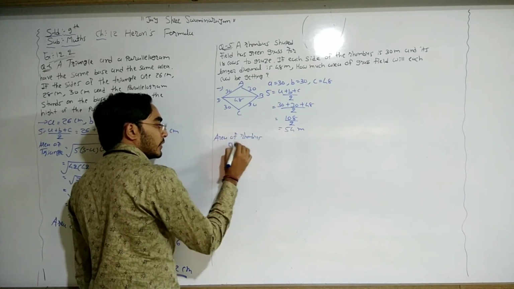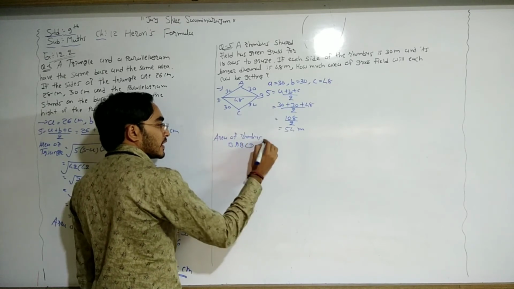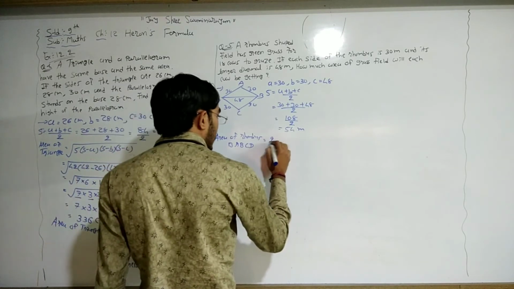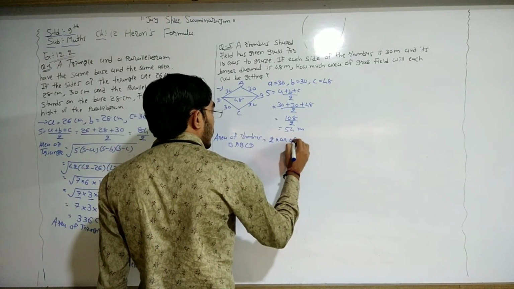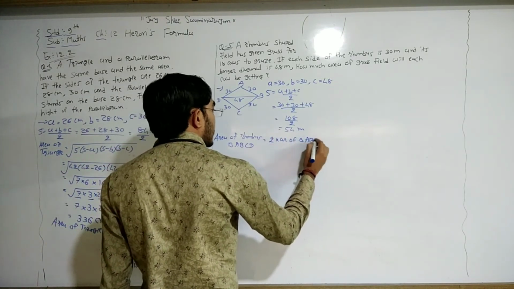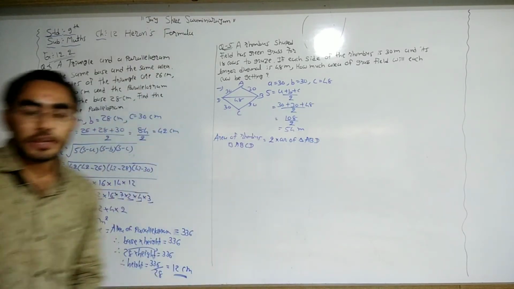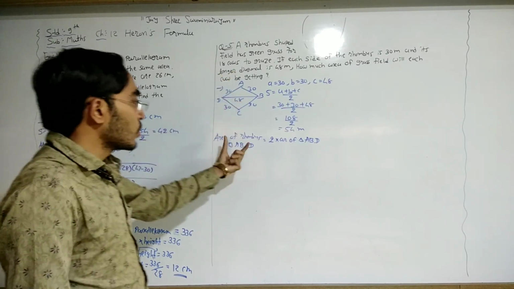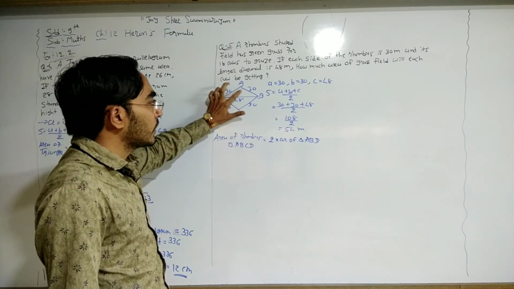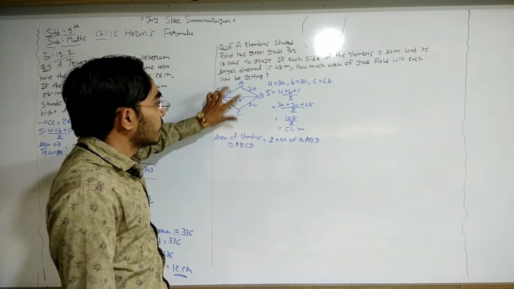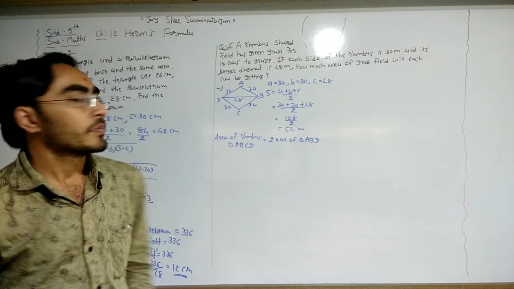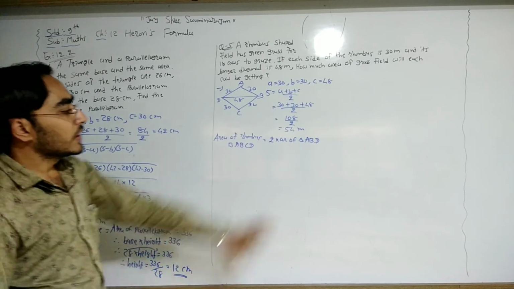Now the area of rhombus ABCD is 2 times the area of triangle ABD. The areas of both triangles are the same, so the total area of the rhombus is 2 times the area of this triangle, or otherwise 2 times the area of triangle BCD. You can take any triangle. Here we are taking triangle ABD.